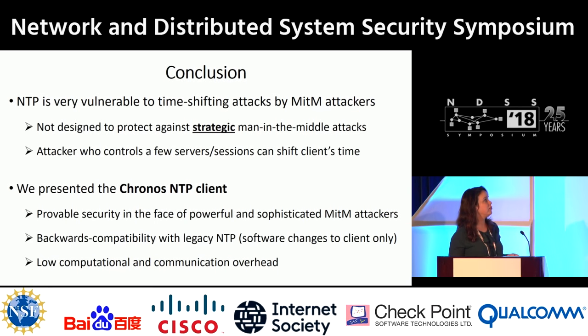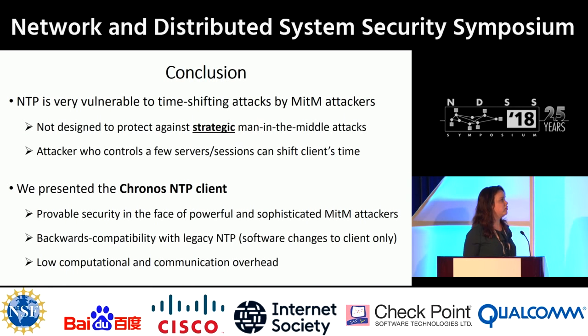So to conclude, NTP is very vulnerable to time-shifting attacks, especially by man-in-the-middle attackers, since the algorithms are not designed to protect against strategic man-in-the-middle attacks. And an attacker who controls even a few servers can shift the time clock.